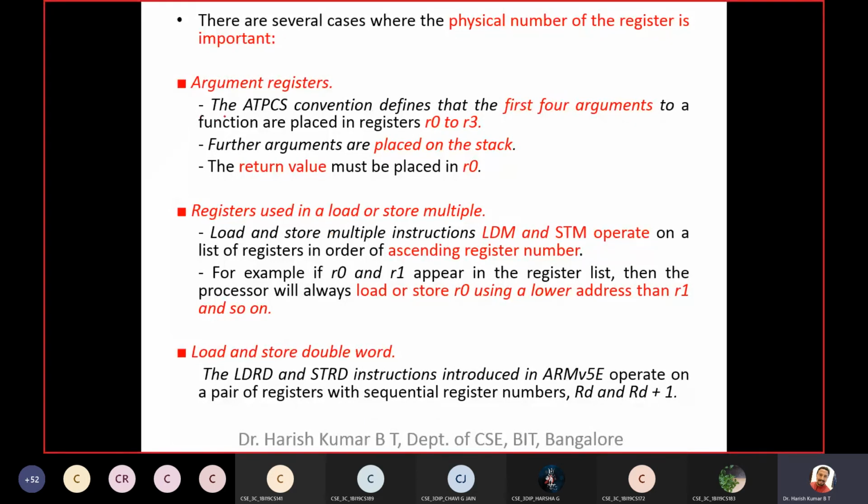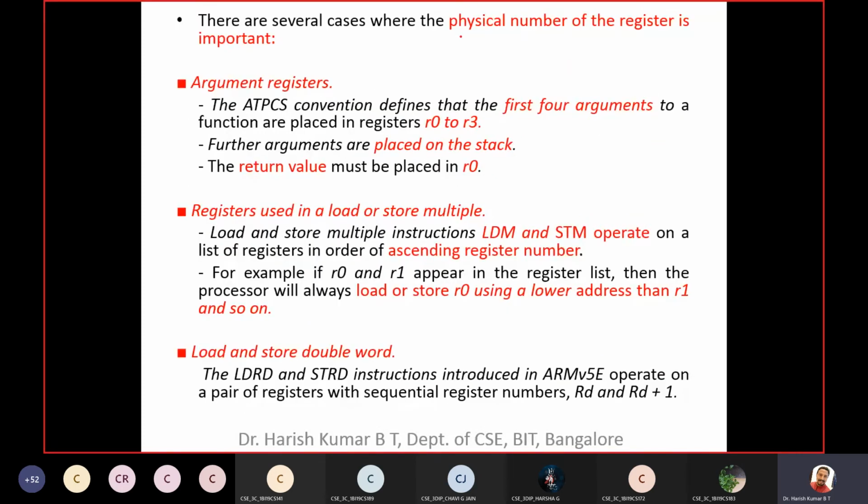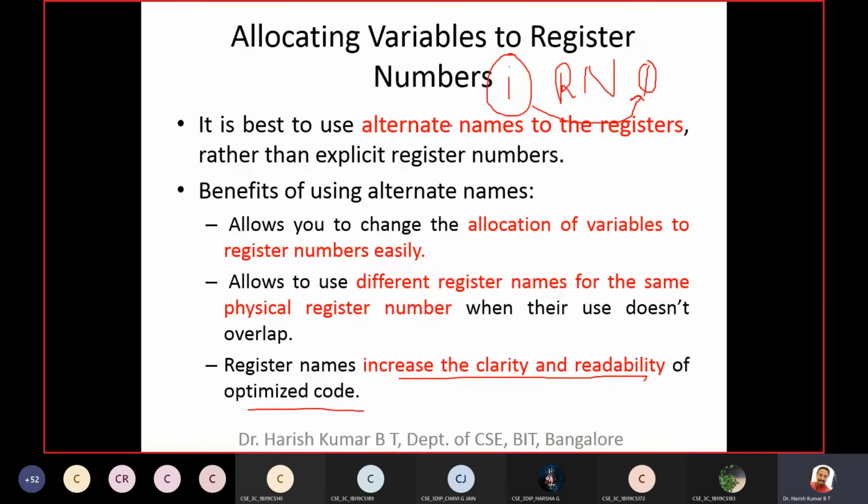Why is this alternate naming for the registers necessary? There are several cases where the physical number of the register is important. To make the program more readable, we can use an alternative name, something like a variable name.